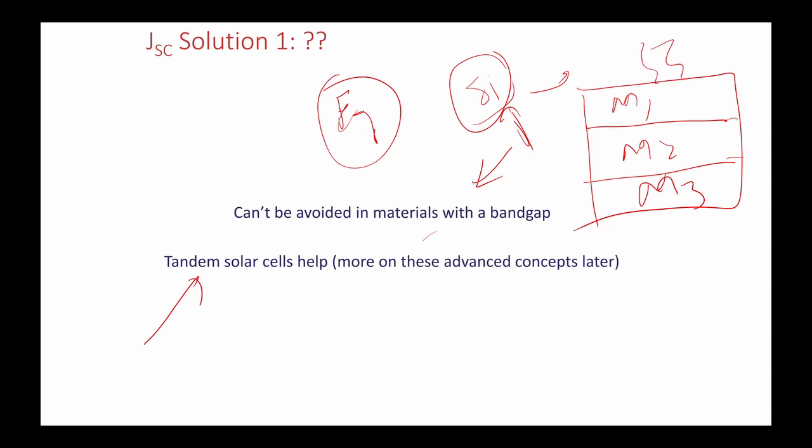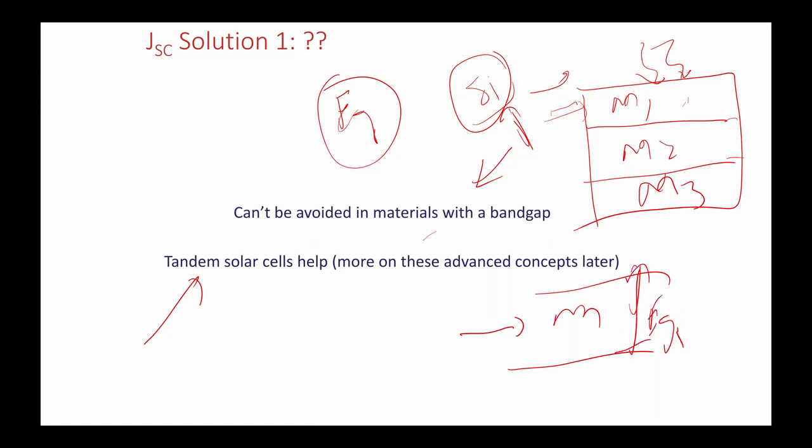The most energetic light will be absorbed in this region, in M1. Whatever light has energy greater than the band gap of the semiconductor, this is the band gap of M1, Eg1, will be absorbed there.